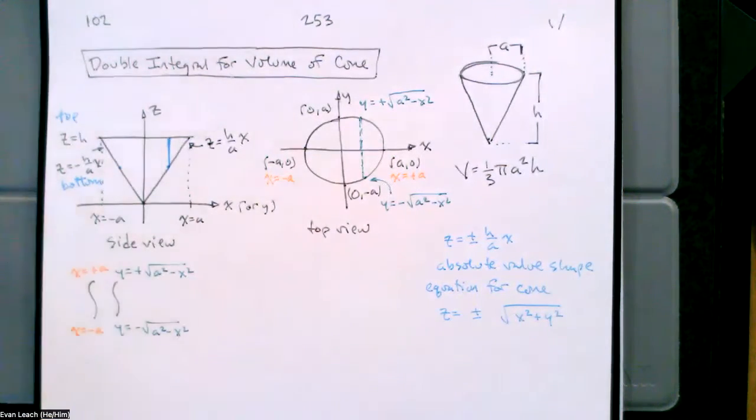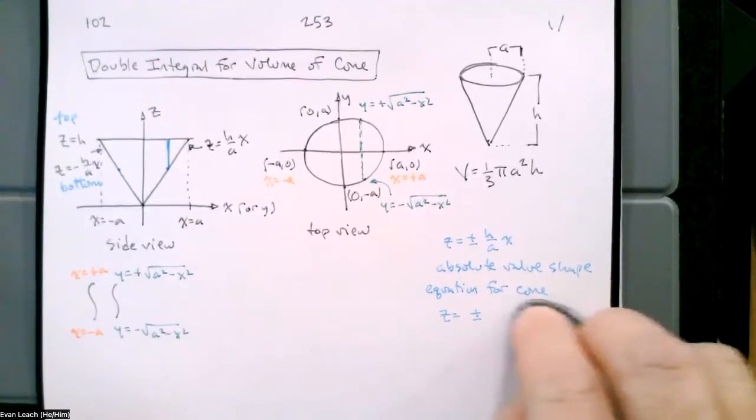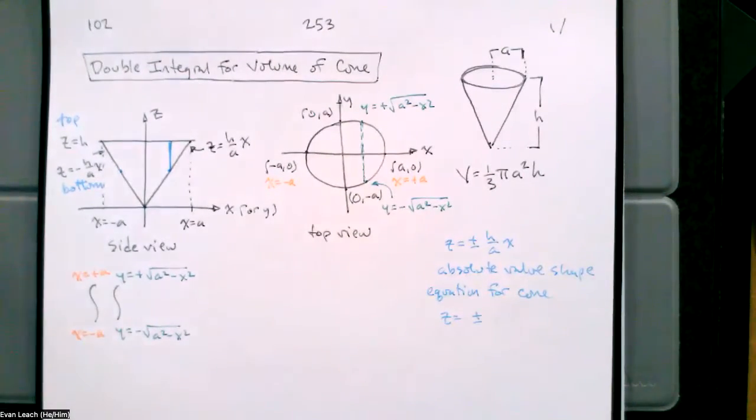Oops. I just kind of instinctively wrote down the equation of a cone. We know if we have z equals just plus and minus... I'm mixing two things up.